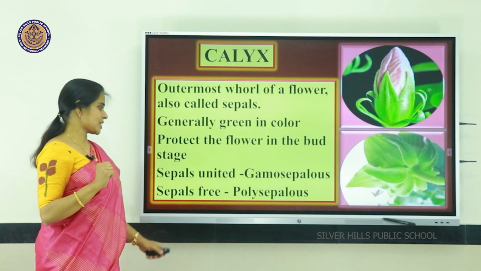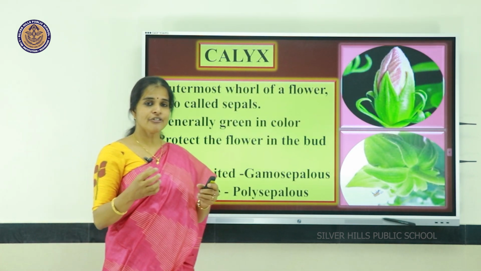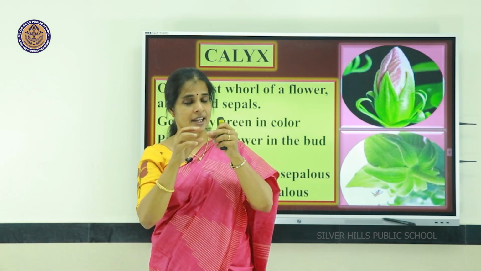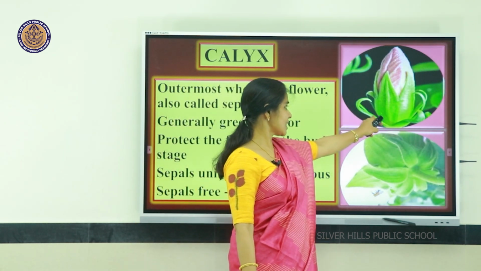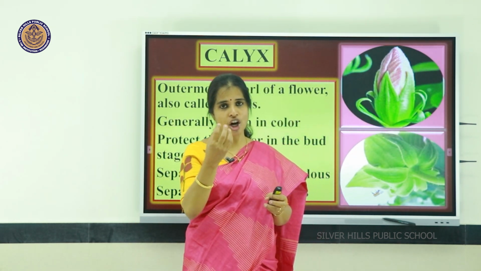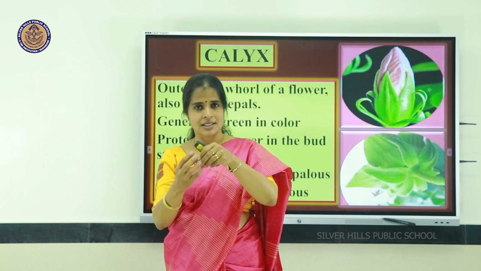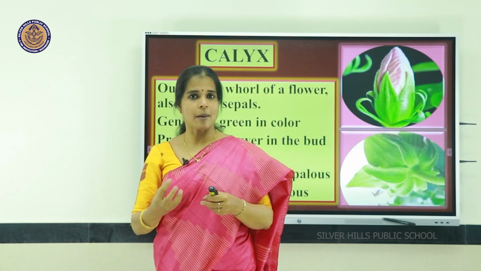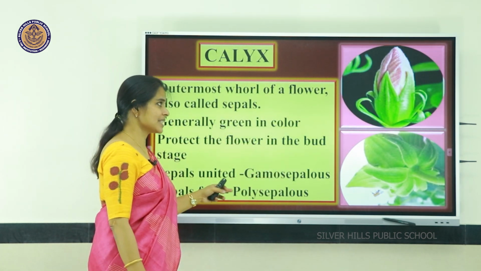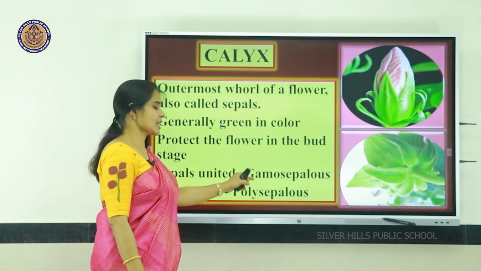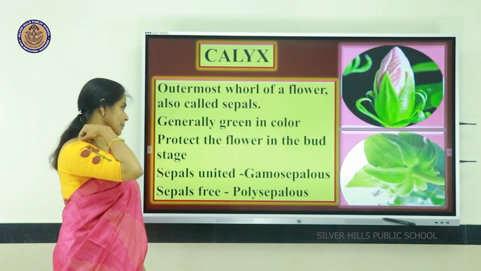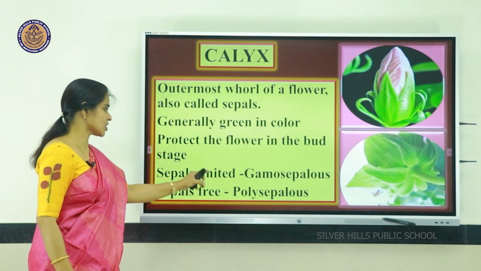There are 2 types of sepal arrangement. If all the sepals are united and form a tubular structure, as seen in the picture of hibiscus, you can see the bud is enclosed inside a cap or fused structure of sepals, which we call gamosepalous. Gamosepalous means the sepals are united.